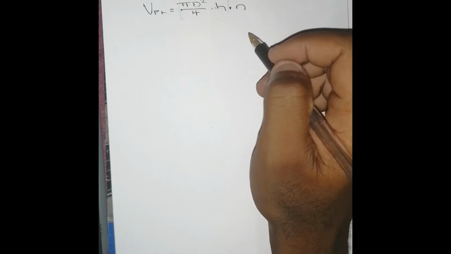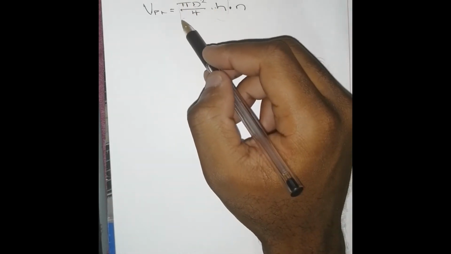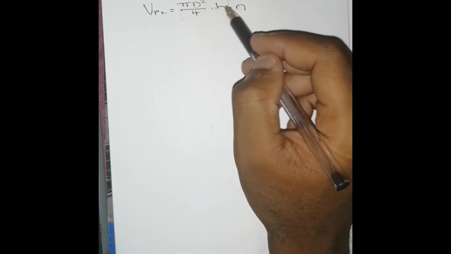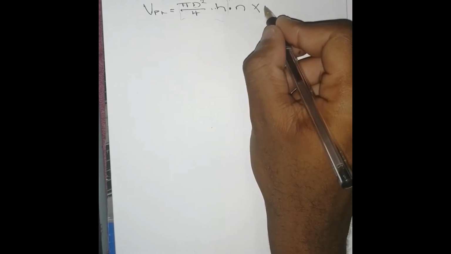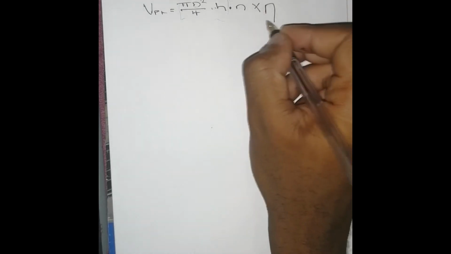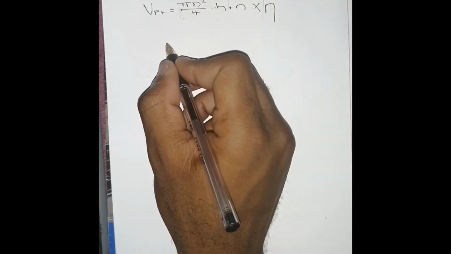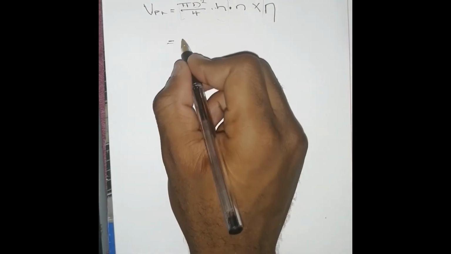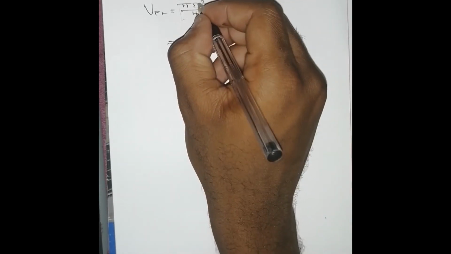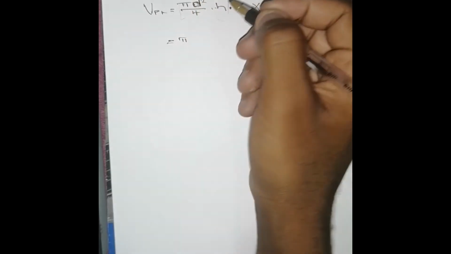But we are told that the hydraulic system, the internal operation, operates at 80% efficiency. So that means not all of this volume will be displaced, only 80% of it. So we multiply by the efficiency, which is represented by this symbol. And if we plug in what we are given, it's going to be pi. Here it's a small d, this is the diameter of the plunger.